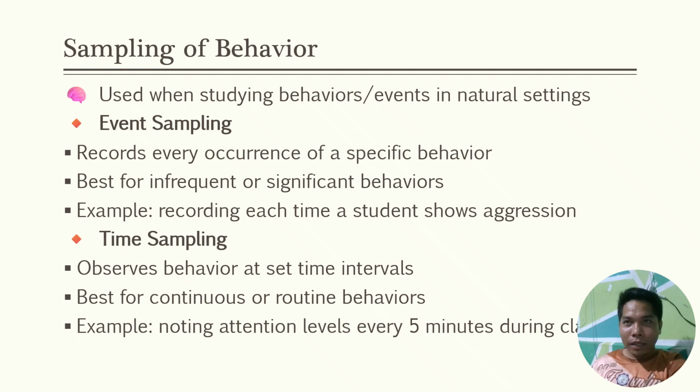What behavior students reflect every 5 minutes during a class discussion, for example, is considered time sampling. It is best for continuous or routine behavior since it is time-based or interval-based.